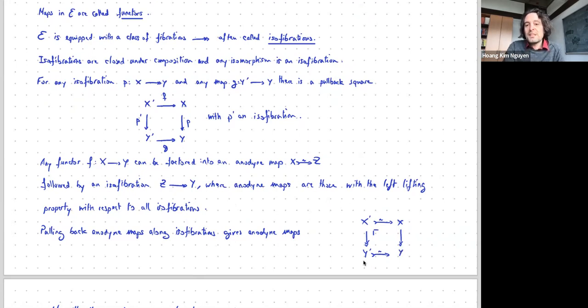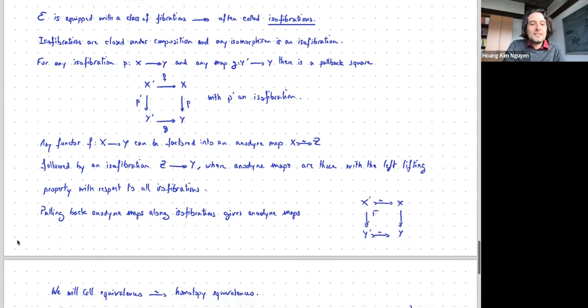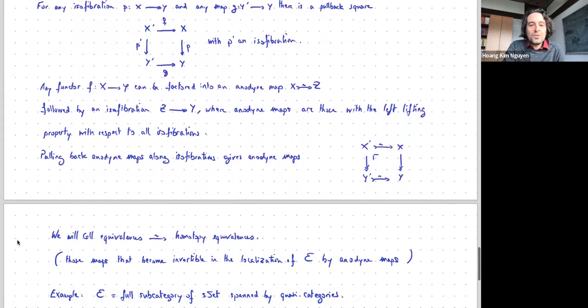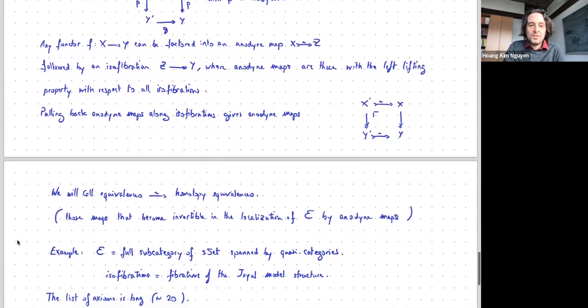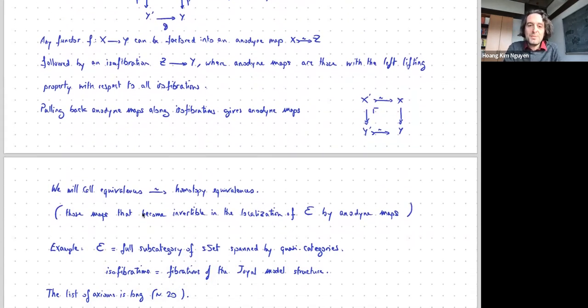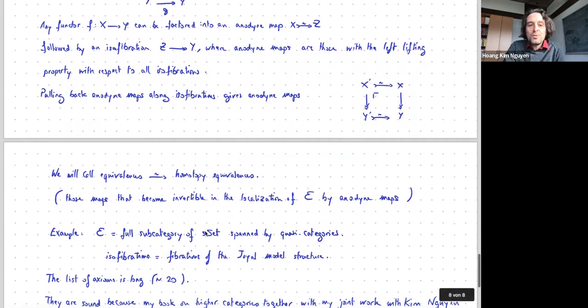And also, if you pull back an anodyne map along an isofibration, you should get an anodyne map, that is a pullback square in the slide. And then we have the notion of equivalences, which are the maps which become invertible in the localization by anodyne maps, or the homotopy equivalences. An example would be, for instance, the category of quasi-categories.